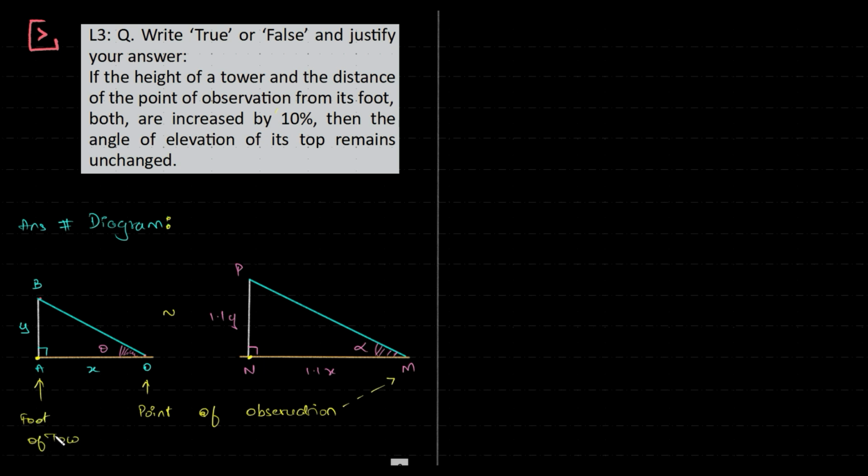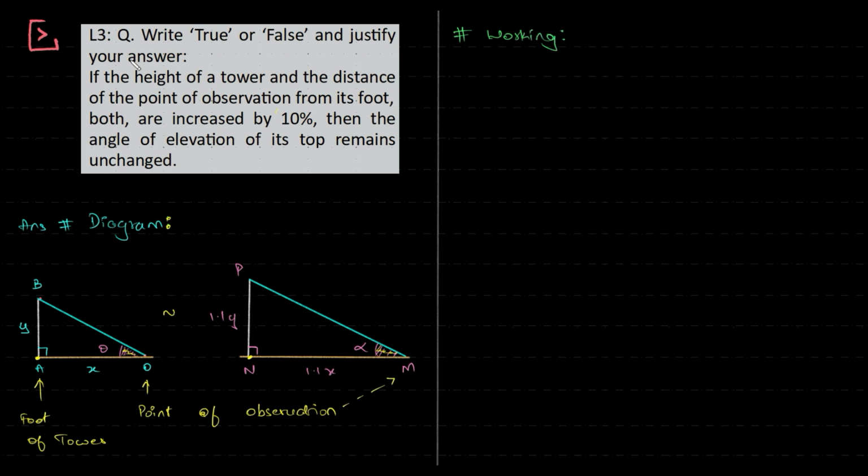So if both of these distances are increased by 10%, if this is X and Y, this is 1.1 Y and 1.1 X, right? And the angle of elevation of its top, this is the angle of elevation over here and over here, of the top remains unchanged. Understood? So that's what you guys have to end up talking about.